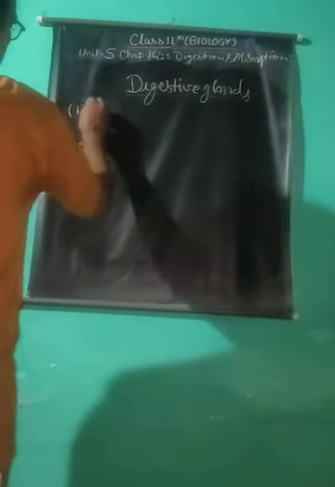Digestive glands. The digestive system of human beings is divided into two parts: the alimentary canal and the digestive glands. All the glands of the alimentary canal associated with digestion are called digestive glands. These glands are divided into two groups: external glands and internal glands.